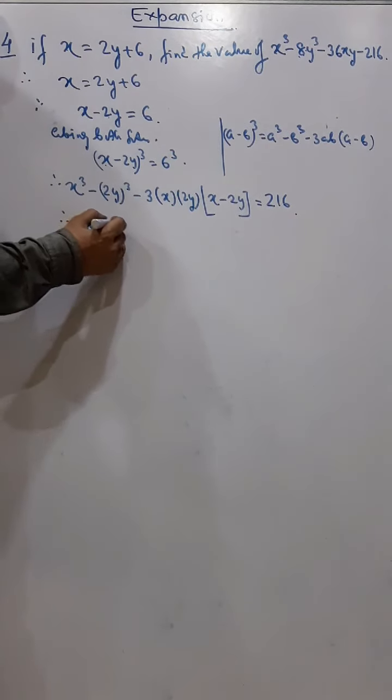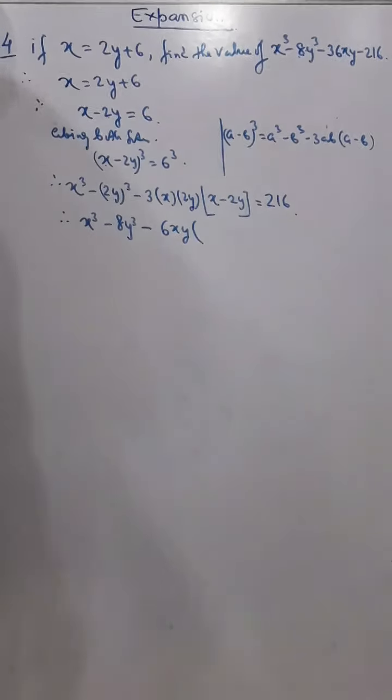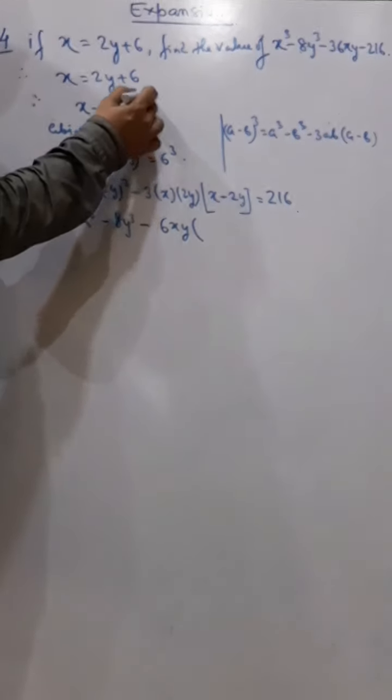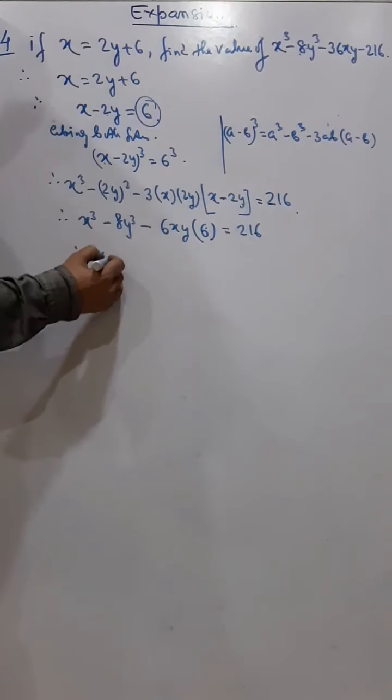We got x cube minus 8y cube, 3 into 2 is 6, we get 6xy, and in this place x minus 2y we can put 6. So what we got? 6 and is equal to 216. So we got x cube minus 8y cube minus 36xy and 216.